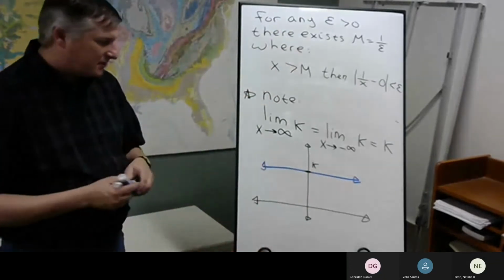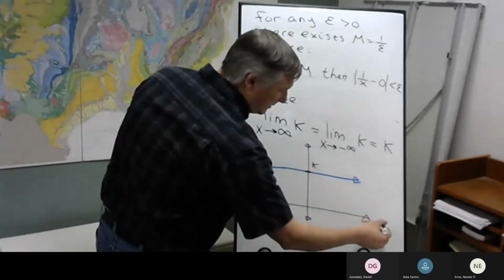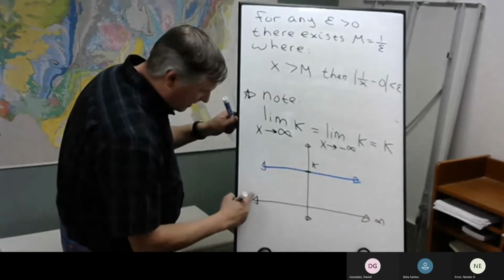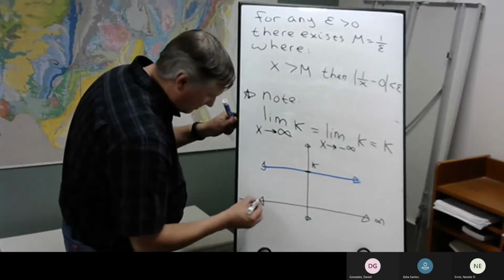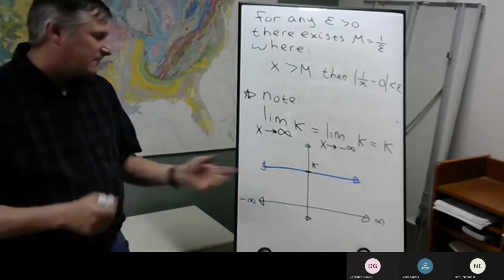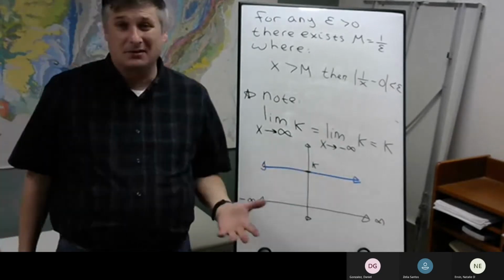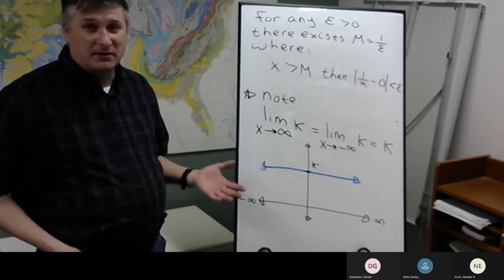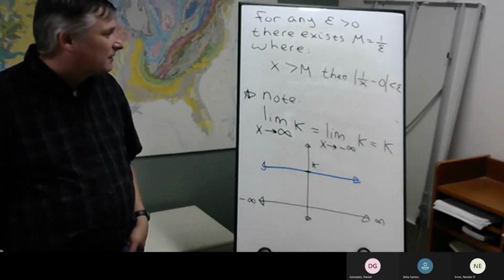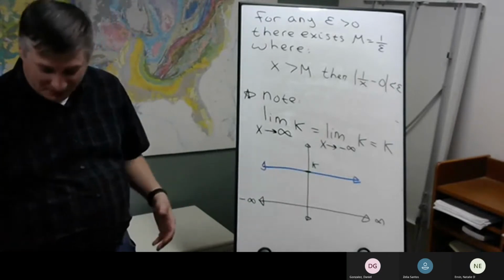And the way you can see this, as you go out to positive infinity, you go out to negative infinity, well, f of x is always going to have this constant k value. It's just a little bit more of an intuitive thing that can help. All right.